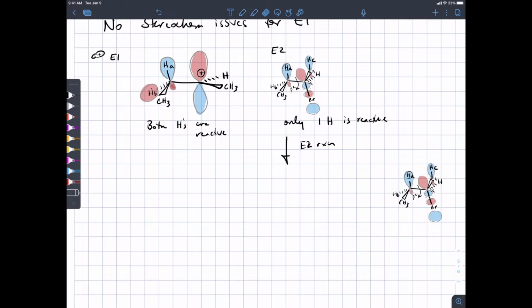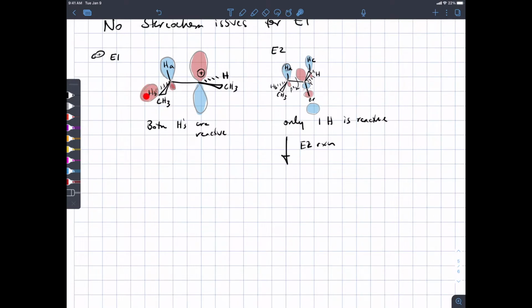I think this is maybe getting more convoluted than it needs to be. I'm trying to reason through this, and I think your question about what if there was only one beta proton over here, if there was only one beta proton, there would only be one product. I was only asking about E1. Okay.